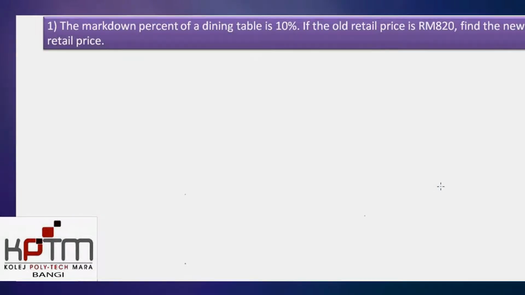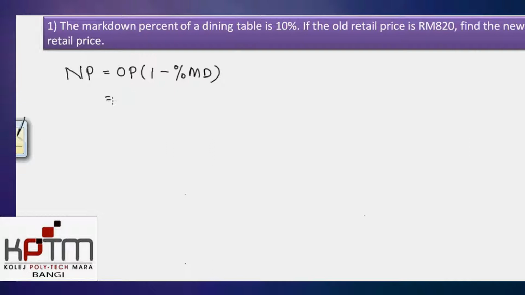This is the sample question for markdown. Question number 1. The markdown percent of a dining table is 10%. If the old retail price is 820 ringgit, find the new retail price. To find the new retail price, we will use the formula NP equals OP multiplied by 1 minus percent MD.